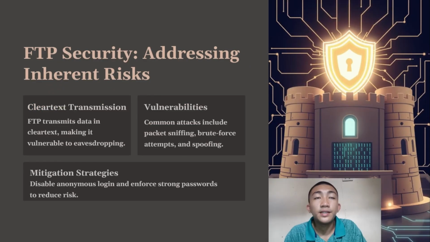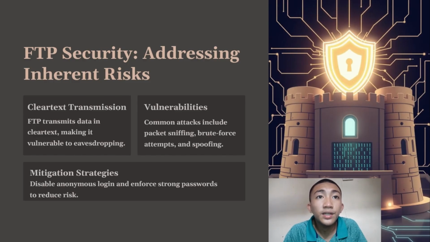FTP security: addressing inherent risks. FTP is inherently insecure because it transmits data, including usernames, passwords, and file content, in plain text without encryption. This makes it vulnerable to eavesdropping and interception by attackers.